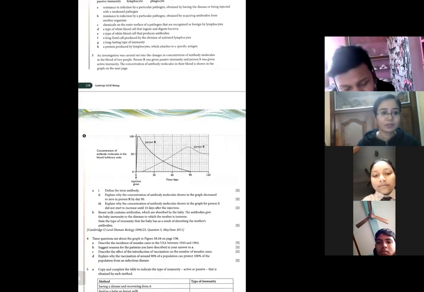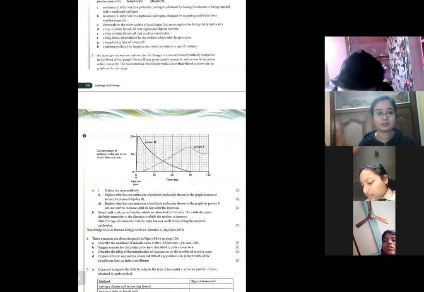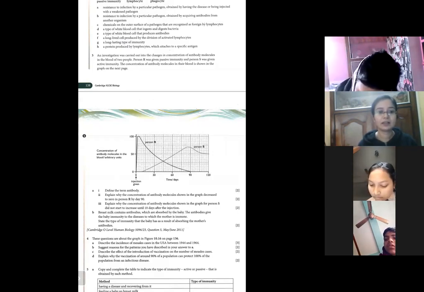Start writing the answer. The concentration of antibody molecules shown in the graph for person S did not start to increase until 10 days after the injection.